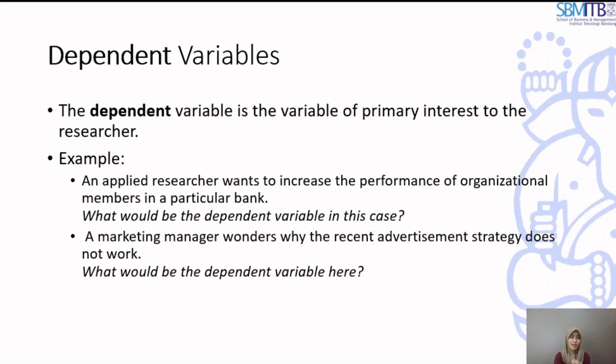Let's take another example. A marketing manager wonders why the recent advertisement strategy doesn't work. What would be the dependent variable here? In my opinion, it could be the effectiveness of the advertising strategy. The keyword here is what becomes the primary interest to the researcher.